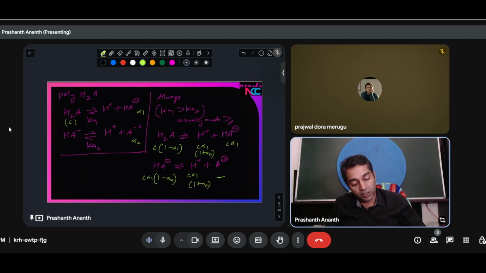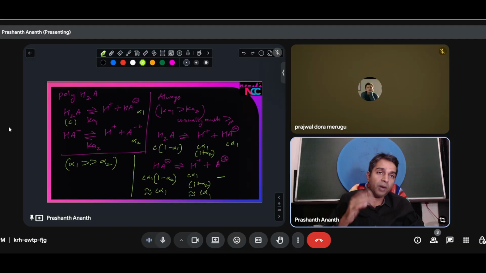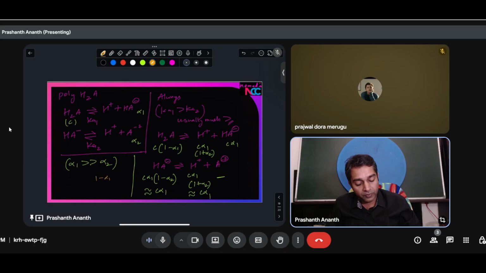But what can we do here? We can say alpha 1 is much greater than alpha 2 always, for sure. If that is the case, I can write this as approximately equal to C alpha 1, and I can write this also as approximately equal to C alpha 1, because 1 minus alpha 2 and 1 plus alpha 2 are both approximately equal to 1.